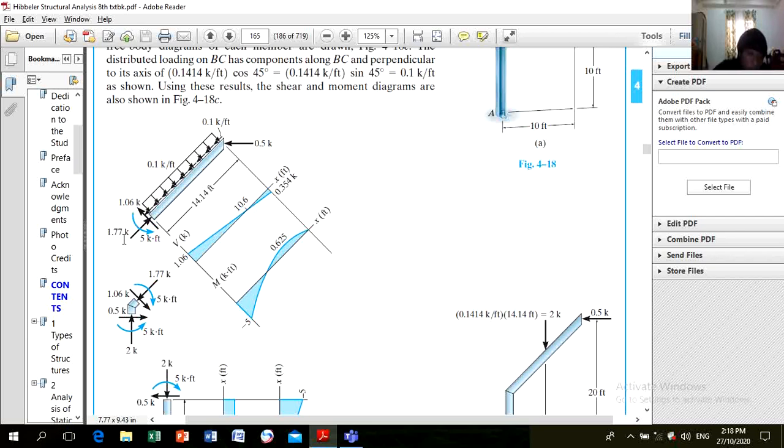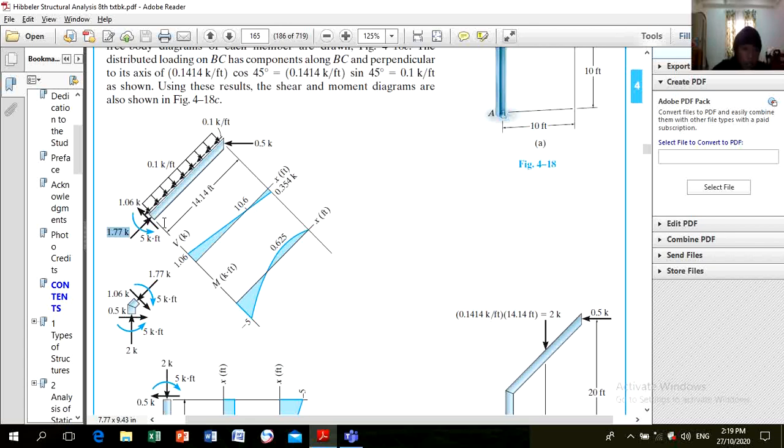That's why the reaction here is 1.77. This is coming from the horizontal component of 0.5, which is 0.5 cosine 45, plus 0.1 times 14.14.